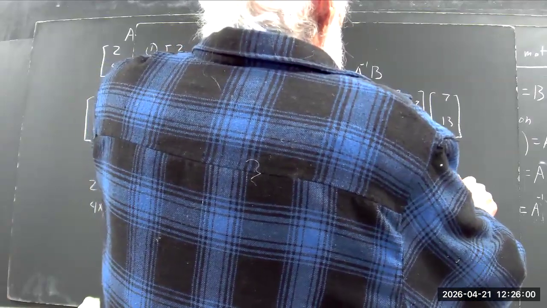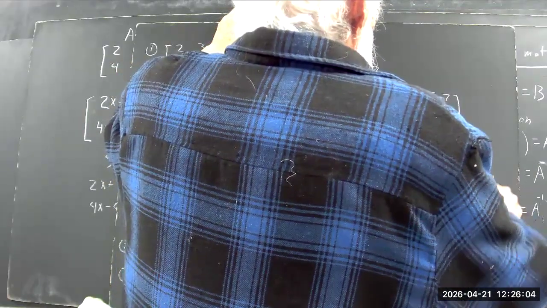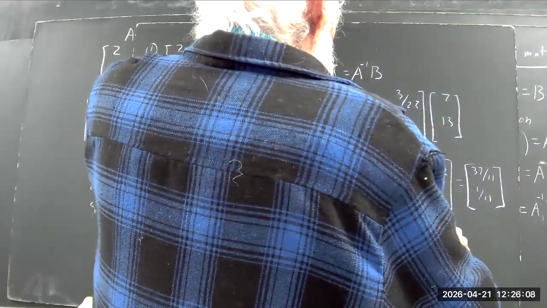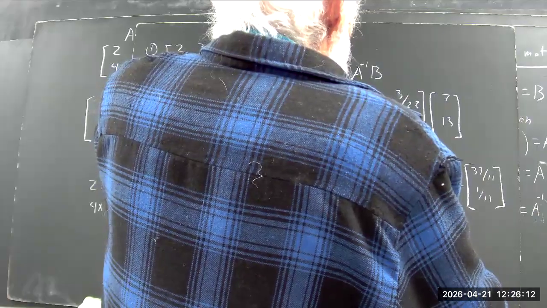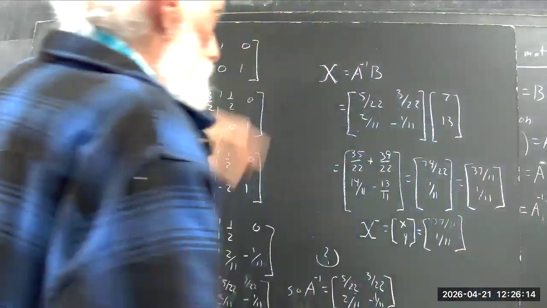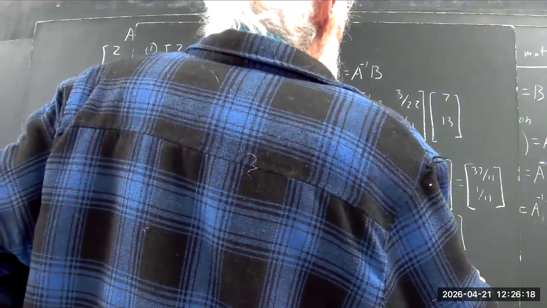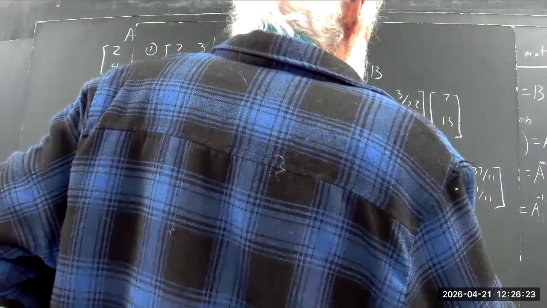Now, 74 over 22, can't resist, 37 over 11, 1 over 11. X equals 37 11ths. Y equals 1 11th.